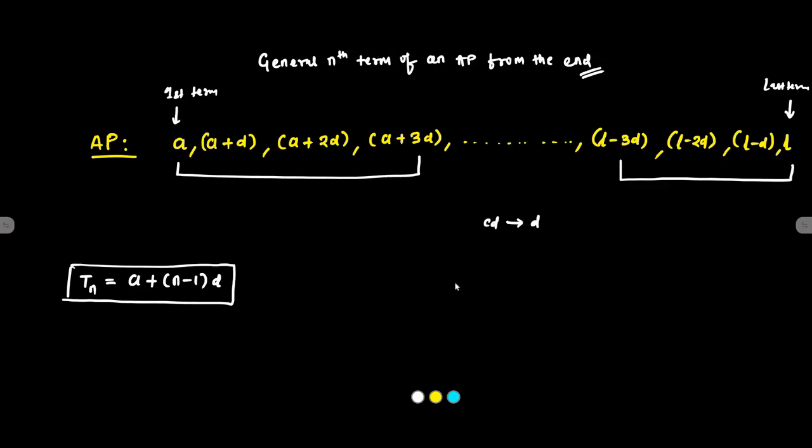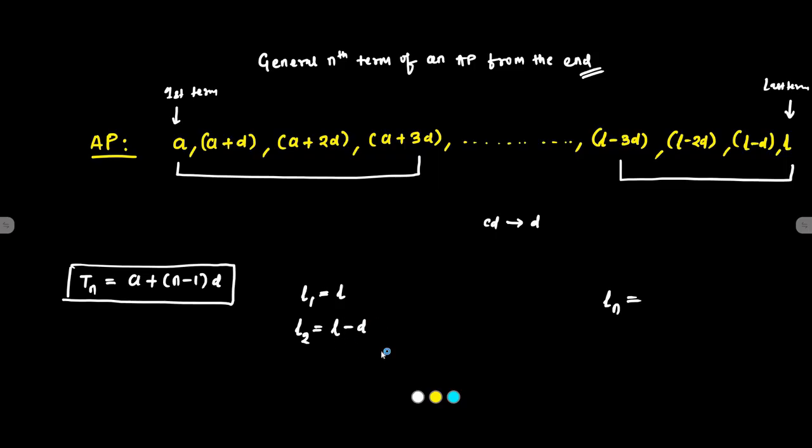Similarly, from the last term, the general nth term, we will write it as L subscript n, that is the nth term from the last, from the end. From here, this is the last term, the first last term from the end, it is L. The second last term is equal to L minus d.